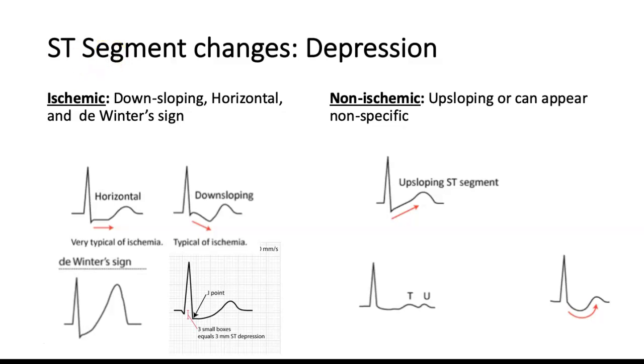These are much more consistent with ischemic patterns. On the right, we see an upsloping or very nonspecific ST segment or a concave ST segment, and these are much more consistent with non-ischemic etiologies.